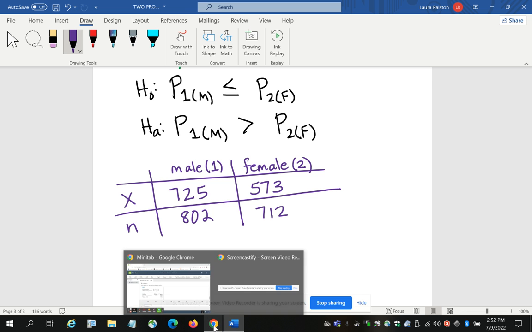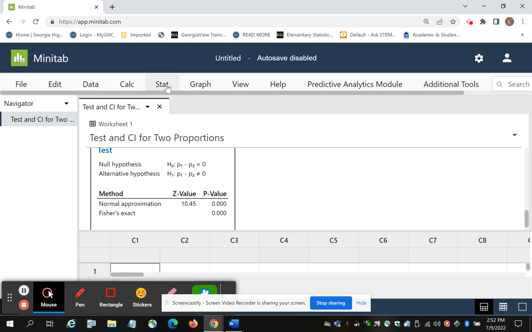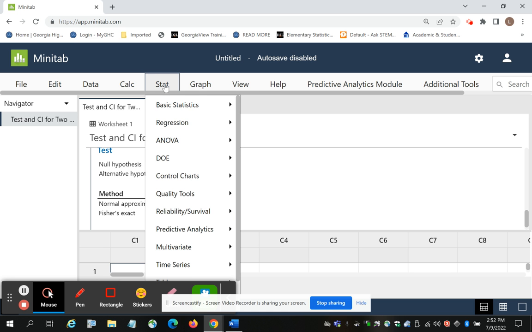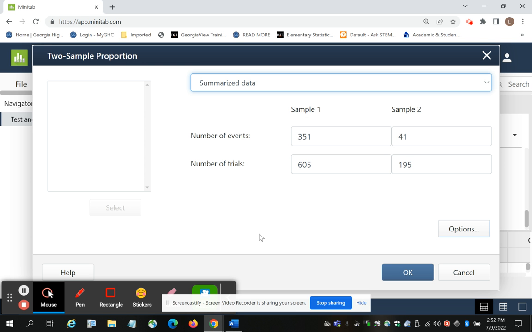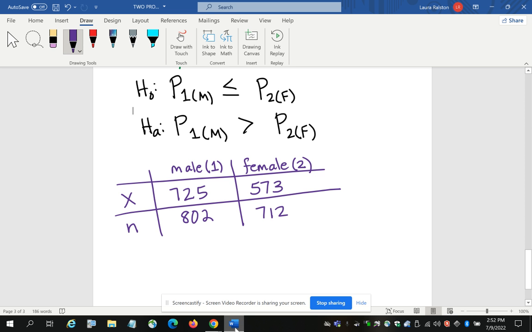Okay, so I've got to go and put all this information in Minitab. Again, we go to Stat, Basic Statistics, two proportions. We're comparing males to females. We have summarized data. Sample 1 is our males.